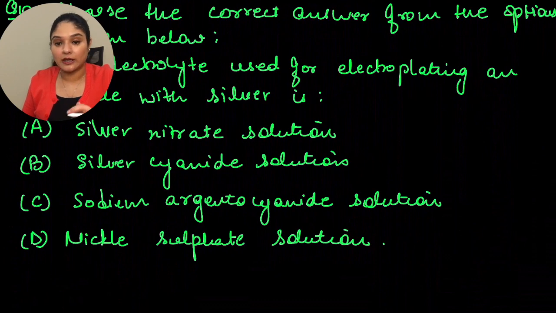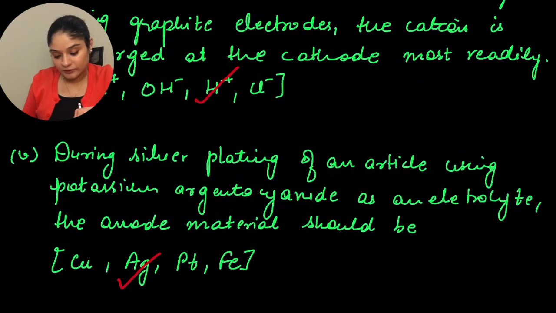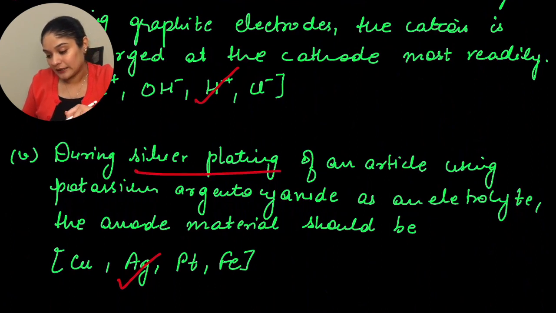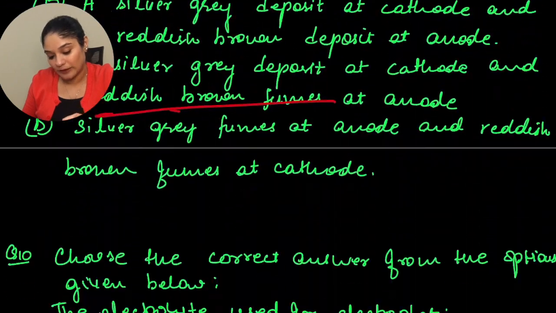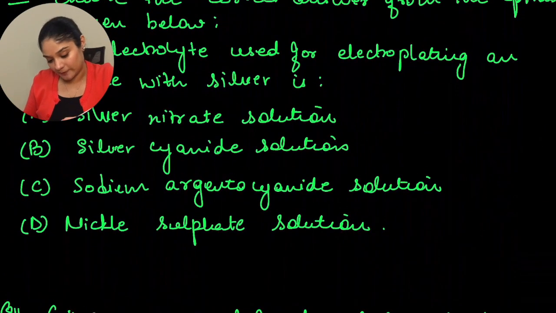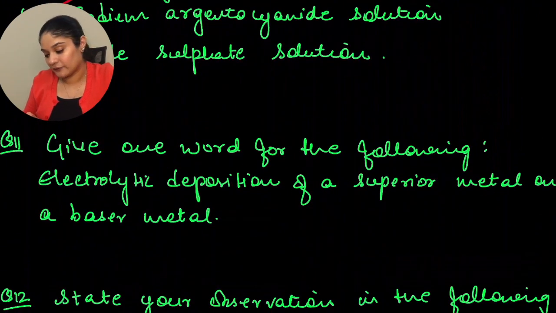If you think of the previous question that we did, we had potassium argentocyanide as an electrolyte for silver plating, and that is the same as electroplating here. So which one should you use? You will be using sodium argentocyanide. Now the next one is question number 11. Give one word for the following.